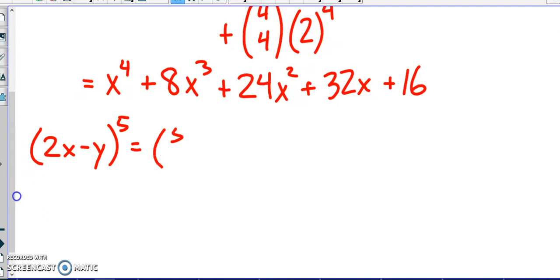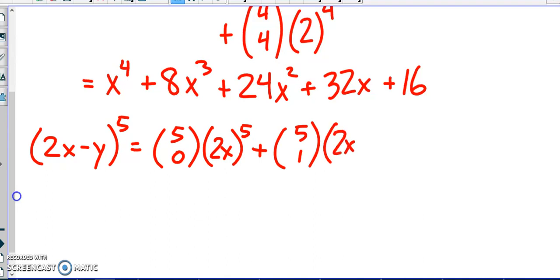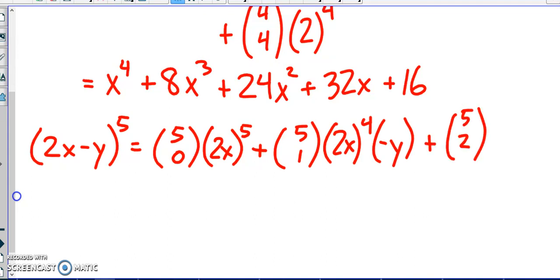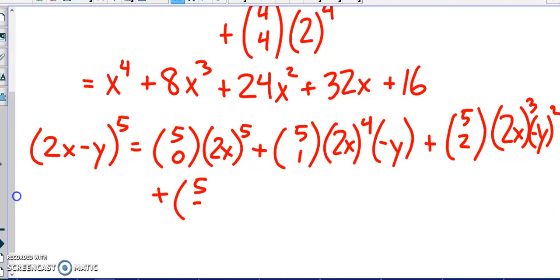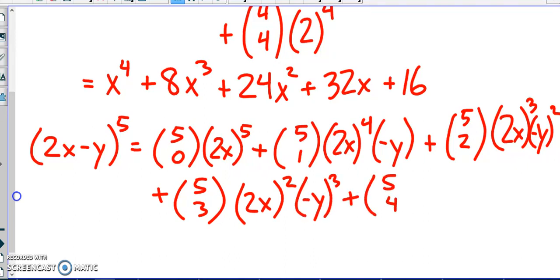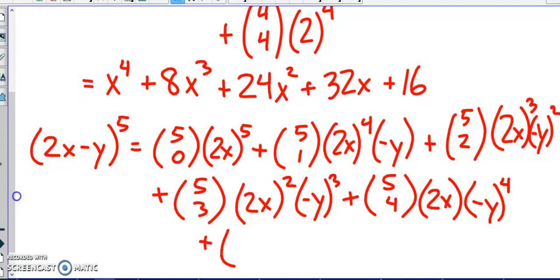Well, that would be 5 choose 0 times 2x to the 5th plus 5 choose 1 times 2x to the fourth times negative y plus 5 choose 2 times 2x cubed times negative y squared plus 5 choose 3 2x squared times negative y cubed plus 5 choose 4 of 2x times negative y to the fourth plus 5 choose 5 of negative y to the fifth.